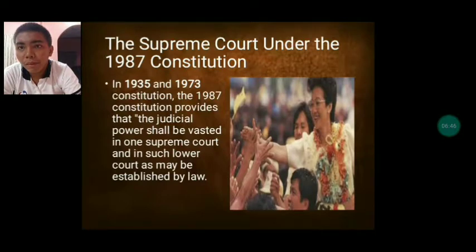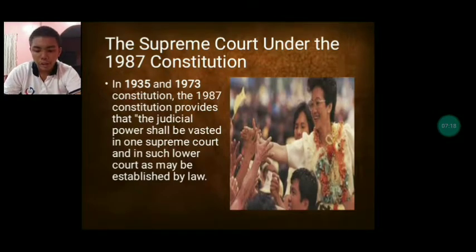Let's proceed to the Supreme Court under the 1987 Constitution. In the 1935, the 1973 Constitution and the 1987 Constitution, the judicial power is vested in one Supreme Court and in such lower courts as may be established by law. The exercise of judicial power is shared by the Supreme Court with the courts below it.